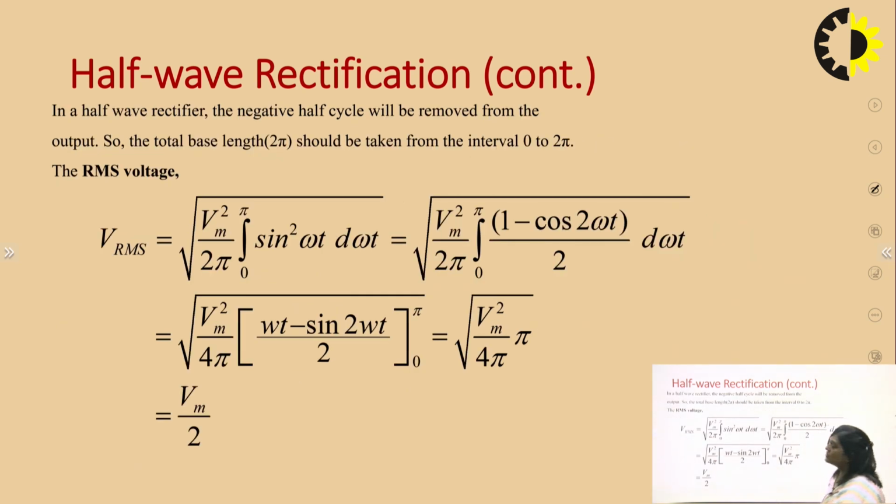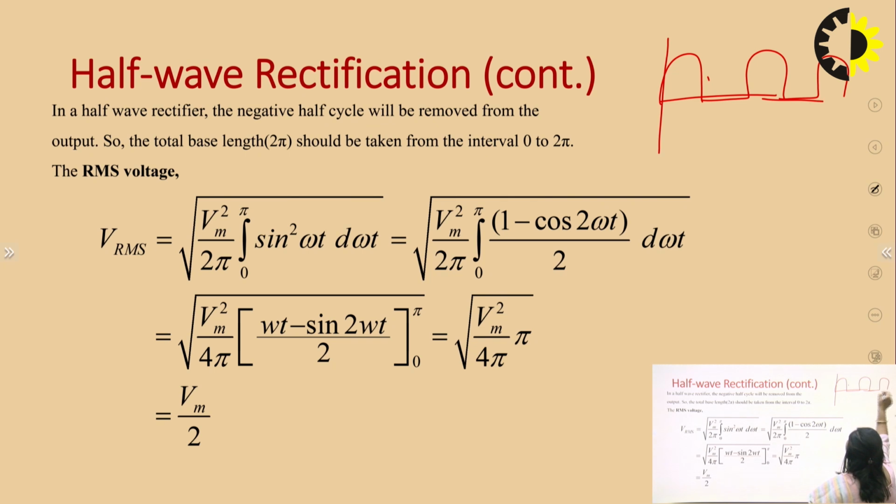Now, how can we calculate the Vrms value in the case of the half wave rectifier? Vrms means we take the square, then the mean, and then the square root. The square means we have the output waveform like this in a half wave rectifier: 0, pi, 2 pi.